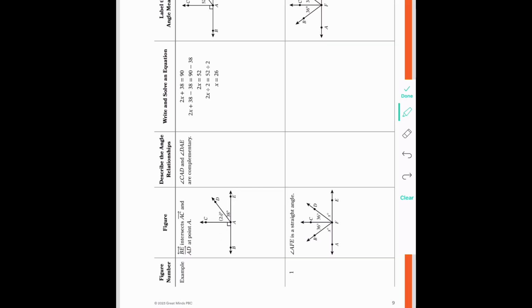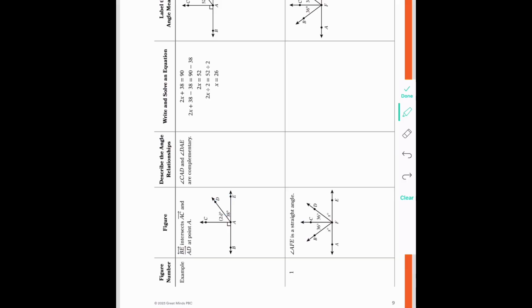Now, if I go to the description they gave, whenever you see this in front of some letters, that just reads angle. So it says that angle CAD, which would be from C to A to D, so this right here that we don't know, and angle DAE, which would be from D to A to E, which is what we know to be 38, are complementary.